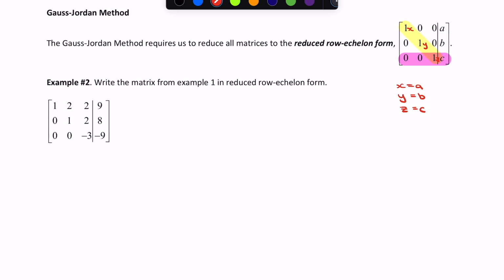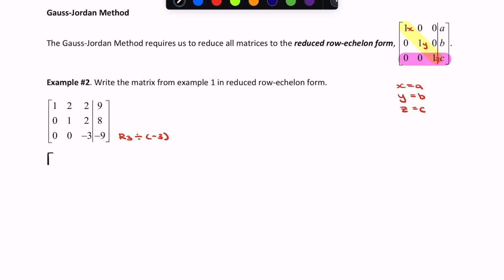form. So here we have our 1, 0, 0, 2, 1, 0, 2, 2, -3, and 9, 8, and -9. Here we'll take our row 3, and we'll divide that by -3.